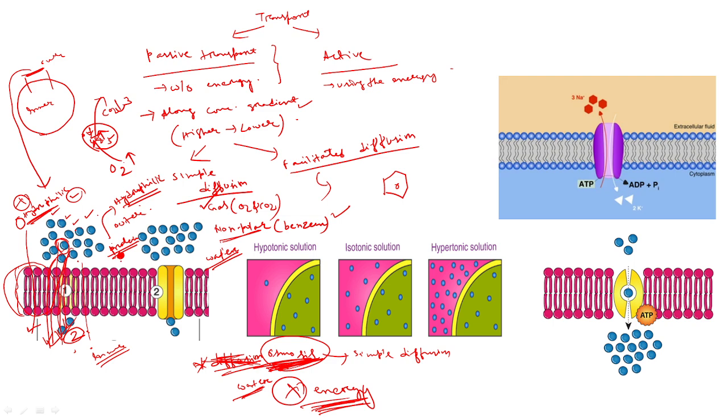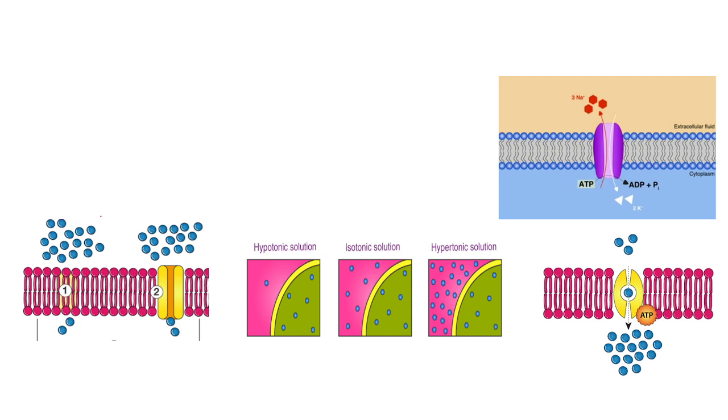Let's say this protein has higher concentration at the outer side and lower concentration at the inner side, but it does not pass through the membrane directly, because this is a hydrophilic molecule.